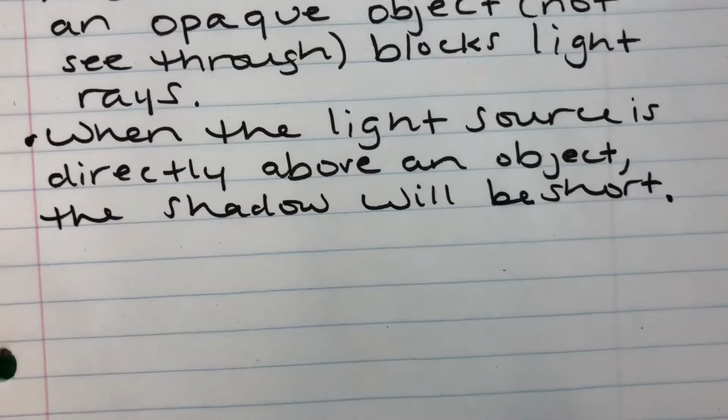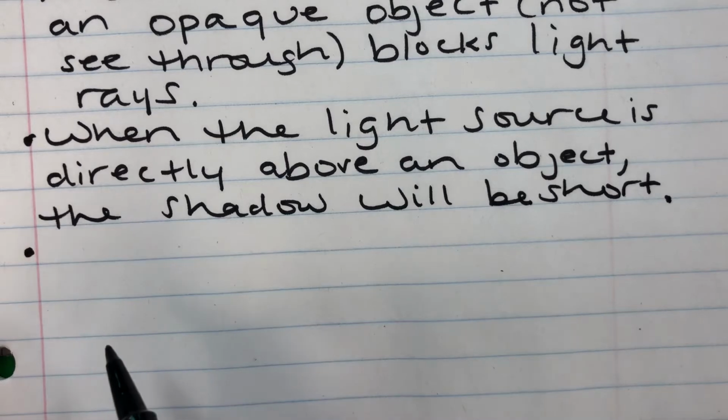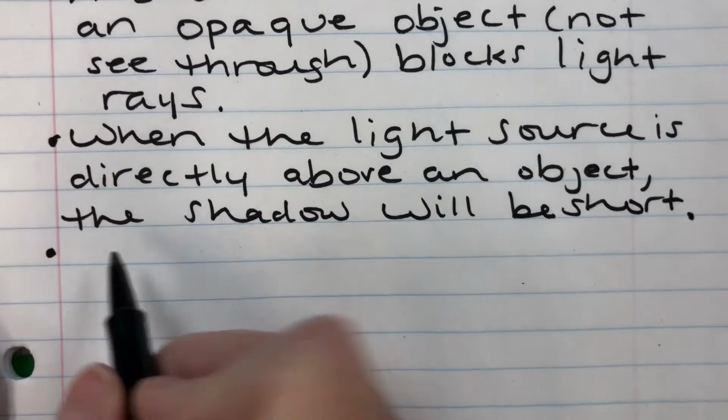Right, and opposite of that, when the light source is at an angle, the shadow will be long.